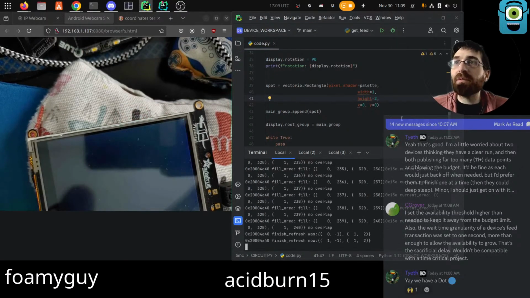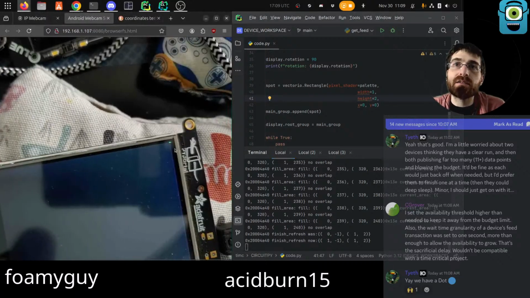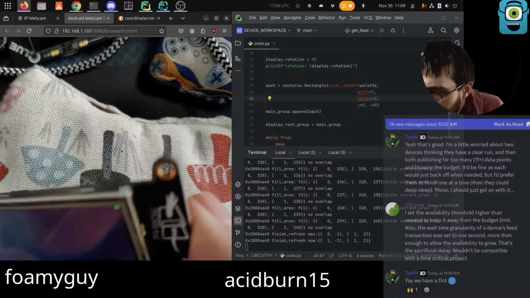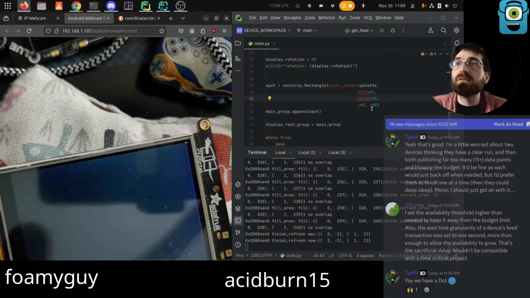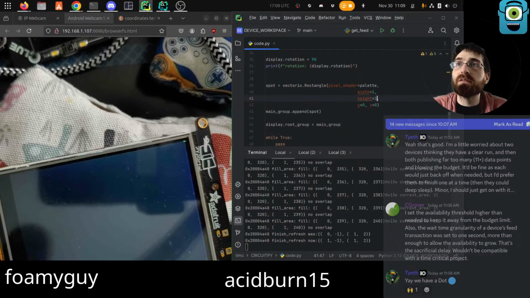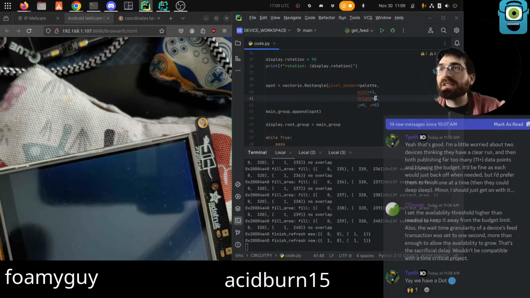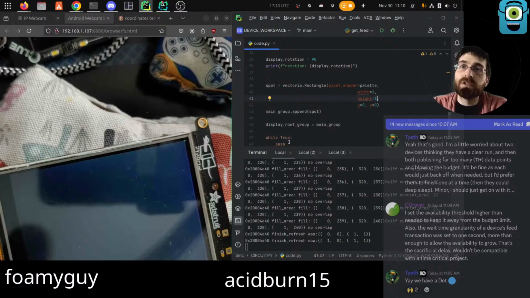I've never been happier to see a dot in the corner. So I think this time we end up with 2 wide. It's pretty hard to see, but I do think that is a little bit bigger than 1 by 1. Since we're rotated 90, it makes sense. If we go 2 by 1 here, after we rotate 90, we end up with 2 wide, 1 tall, and the opposite the other way. So if we do 2 width, we end up with 2 tall, 1 wide, because we've rotated. Okay, so that is working.